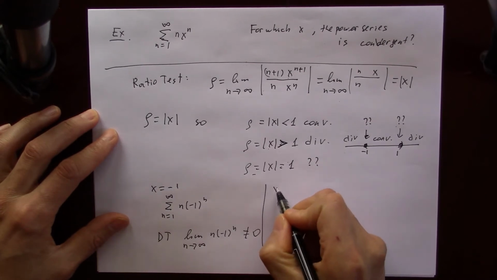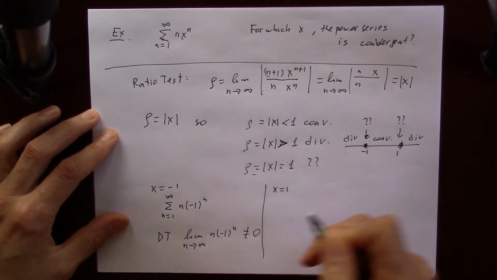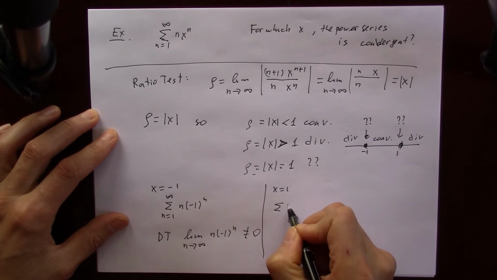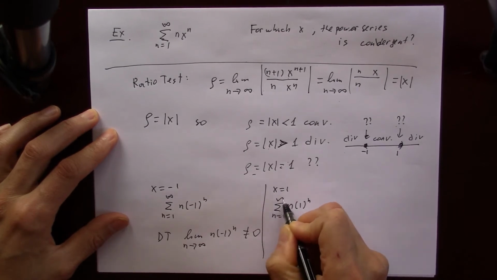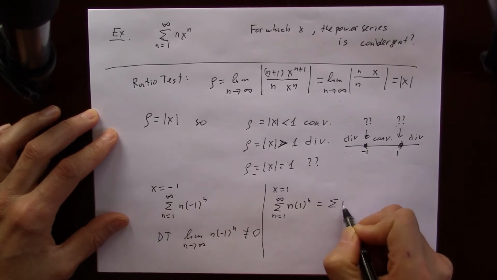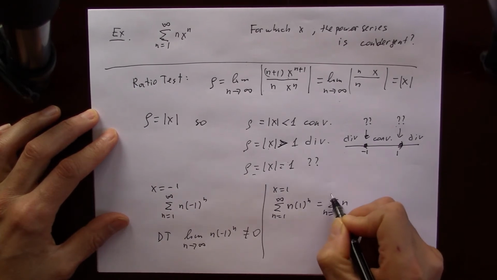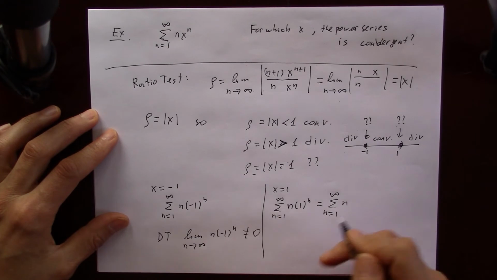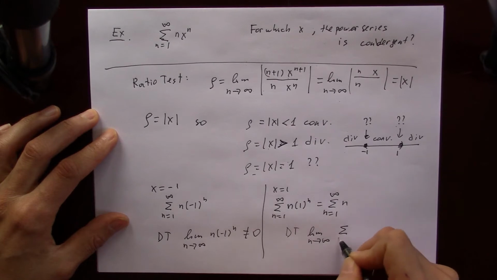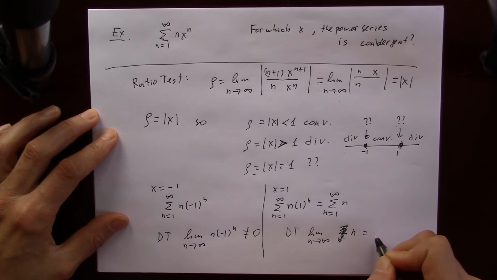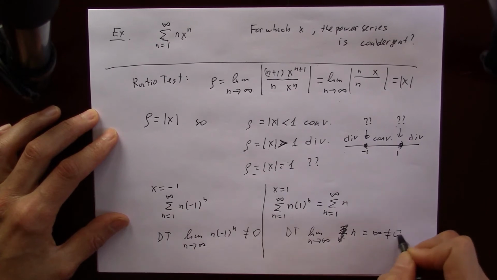If now we check the other point, x equals 1, we get the series of n times 1 to the n, from 1 to infinity, which becomes the series of n. And again we do the divergence test, we take the limit as n approaches infinity of the nth term, so we're going to get infinity, not equal to 0.